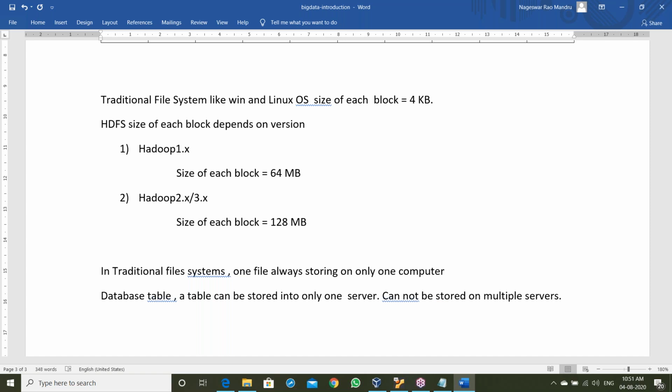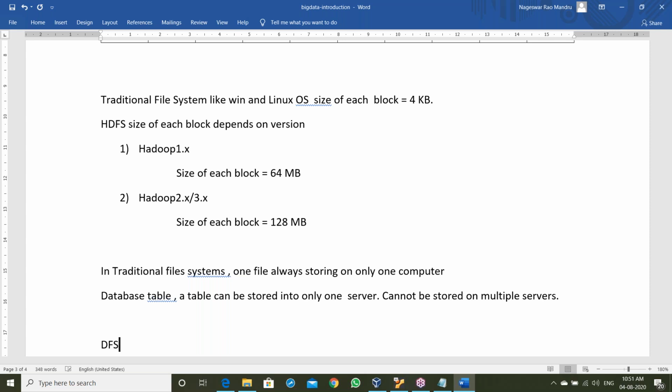So in traditional systems, one file is always stored on only one computer, and a table can be stored on only one server. This is about the traditional file system.